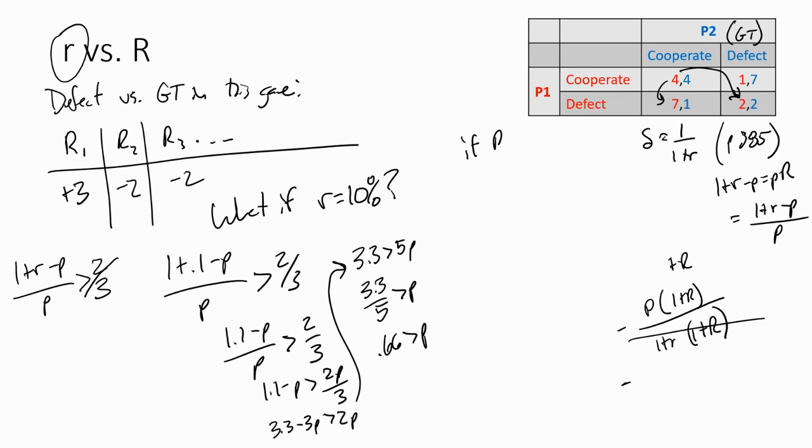What if, oops, not capital R, lowercase r. Well, then we would have, just recopying this stuff, 1 plus 0.5 minus p over p is greater than 2/3. 1.5 minus p over p is greater than 2/3.